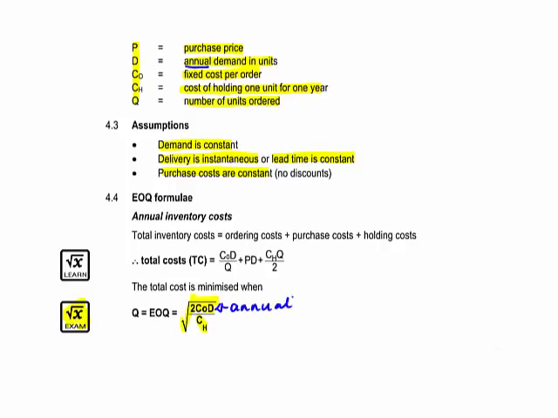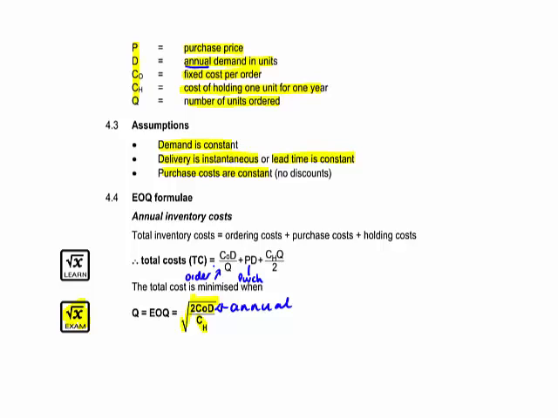And the total costs associated with the EOQ are going to be the total purchasing costs, so the purchase cost times the annual demand. It's going to be the ordering costs, so the cost of placing an order times the annual demand divided by the quantity ordered at any one point.